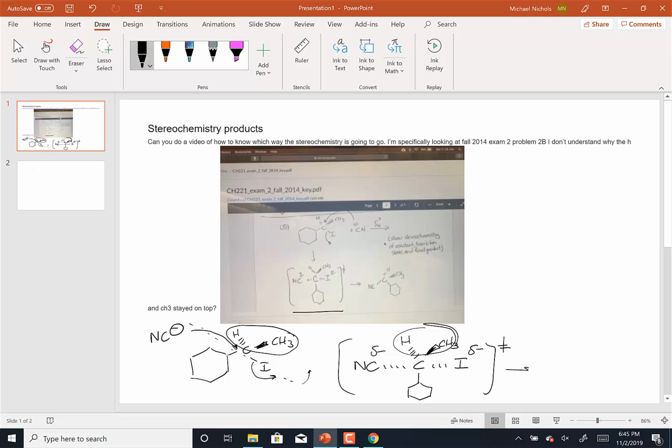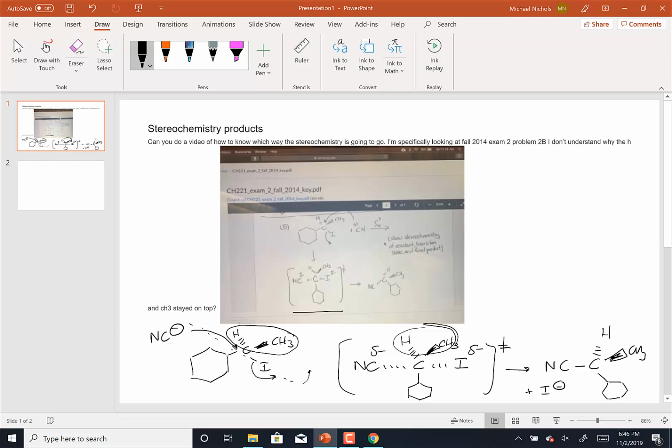So then we get to the final product, which would have the CN group attached to the carbon. Everything's going to fold to the right. So we have our ring on the regular bond, our methyl group on the bold wedge, and our hydrogen on the dashed wedge, plus then the I minus.